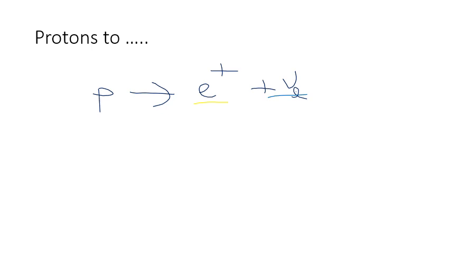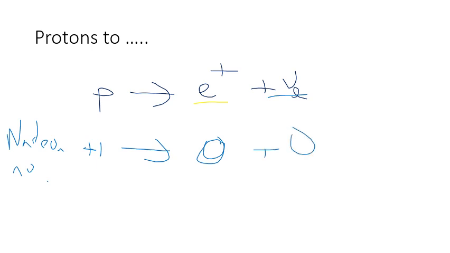But where it falls down is on nucleon number, as I've called it so far. The proton's a real nucleon, so plus 1. The positron is not found in the nucleus, and the neutrino is not found in the nucleus. So nucleon number is not conserved.